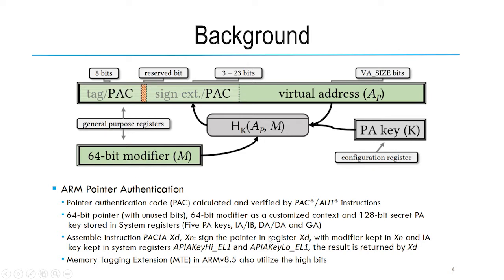The original pointer is kept in the register XD, the modifier is kept in the register XN, and IAK is composed of 2 system registers, APIAKeyHi_EL1 and APIAKeyLo_EL1. After calculations, the signed pointer is returned in the register XD. Because the memory tag extension introduced by ARMv8.5 also utilizes the high bits, the PAC size may be limited by it.